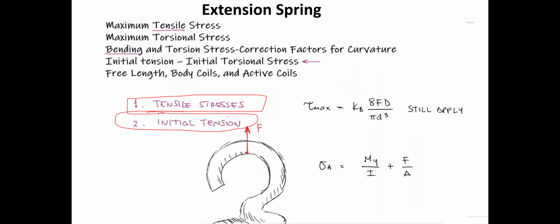What's the initial tension already applied to this spring? Those equations can still apply for the extension spring. So this maximum shear stress equals KB, this parameter times this term, and also the bending stress.